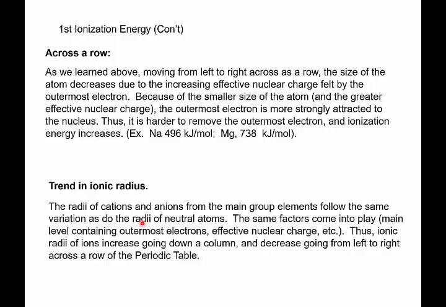Now, because the size of the atom is smaller, going from left to right, with a greater nuclear charge, the outermost electron is going to be more strongly attracted to the nucleus. It's held more strongly and thus harder to remove. Therefore, ionization energy is going to increase going from left to right.